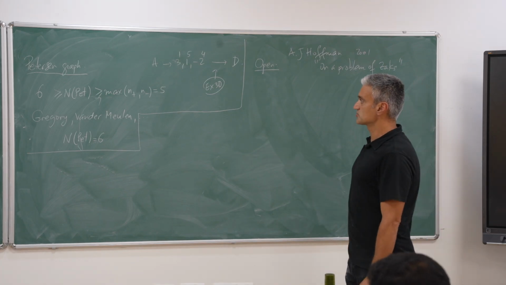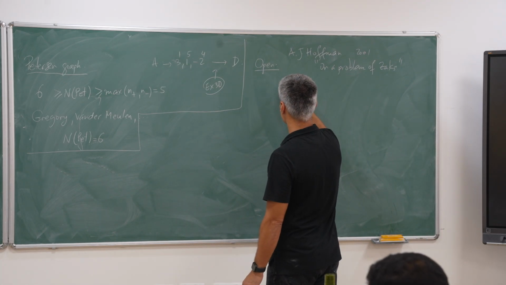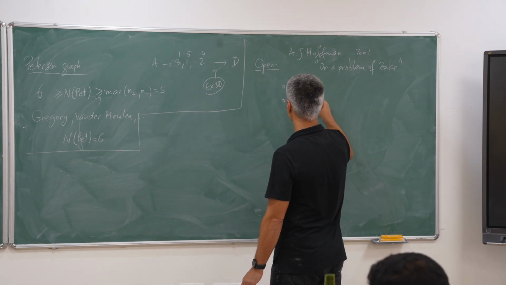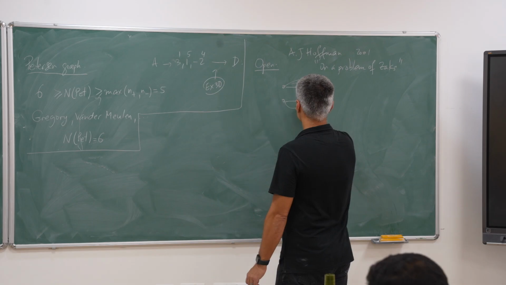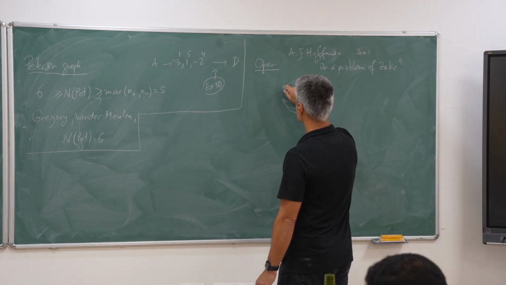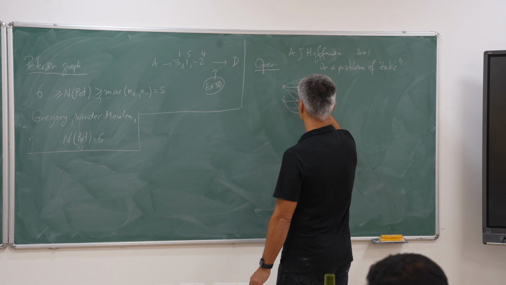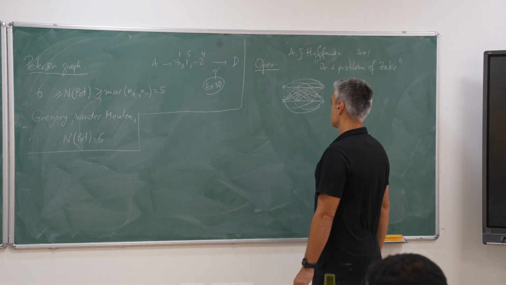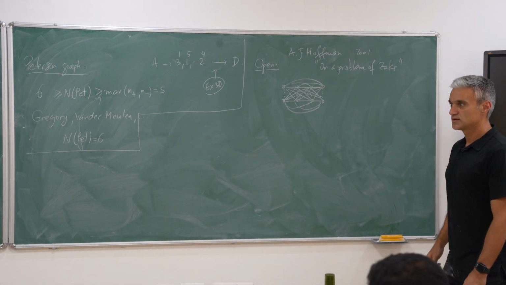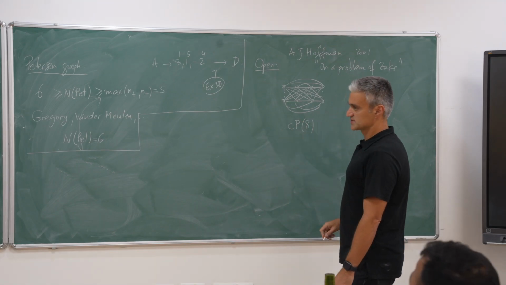I'm not going to send you there. But what Alan Hoffman looked at is this graph. We met this graph before. You take a complete graph and you just remove a perfect matching. This is a cocktail party graph with 8 vertices.